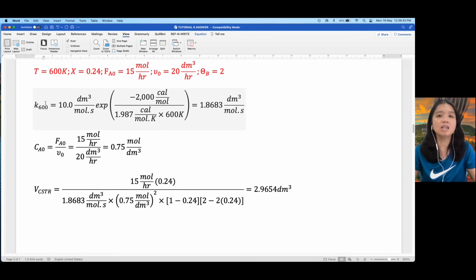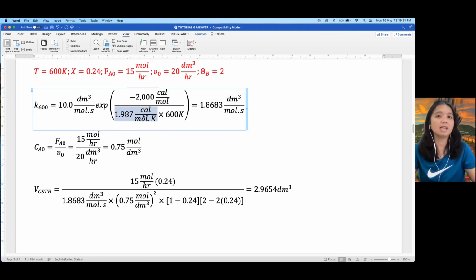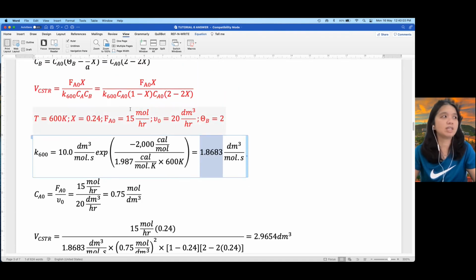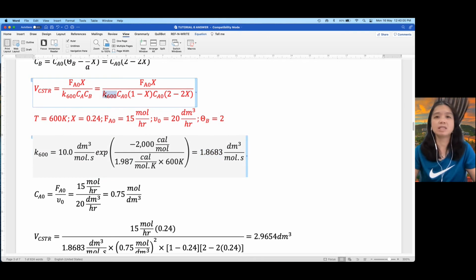So K at 600 equals 10 exponential of minus 2000 calorie per mole divided by the gas constant 1.987, because this is calorie, multiplied by your reaction temperature 600 Kelvin. So you will get your K at 600 as 1.8683.